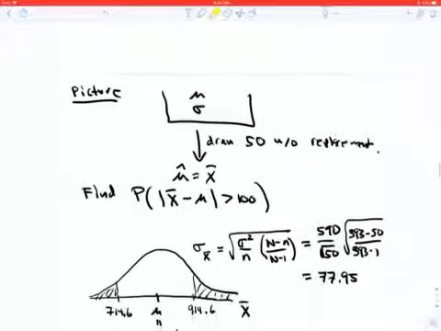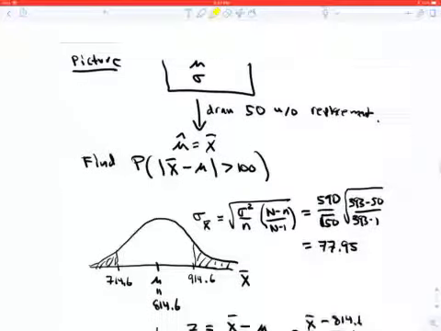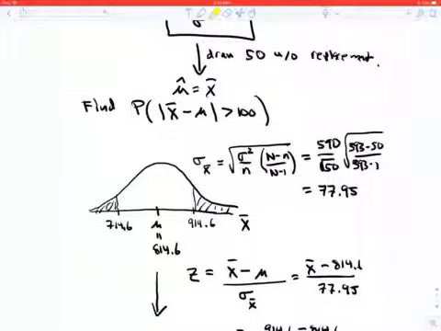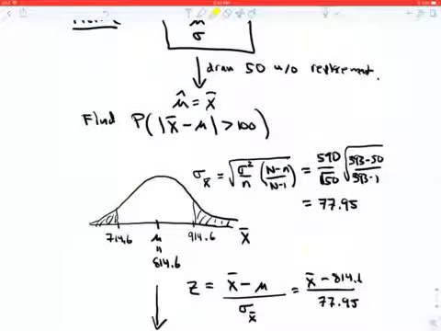So we have this picture here, and we're asked to basically find the chance that we're more than 100 away from the mean, which would mean we are outside, we're either less than 714.6 or greater than 914.6. So this is the sampling distribution.